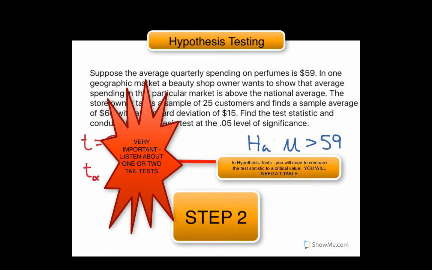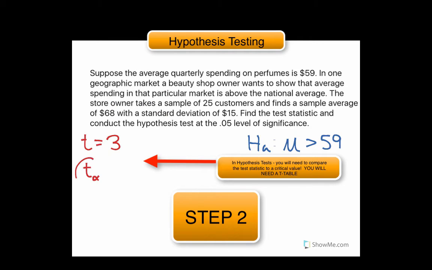Okay, so our critical value is denoted by this t sub alpha here. And to do that, you look on the t-table. And I won't go through how to use that exactly, but if it's a one-tailed test, okay, we know our alpha is 0.05 because it tells us here 0.05 level of significance.